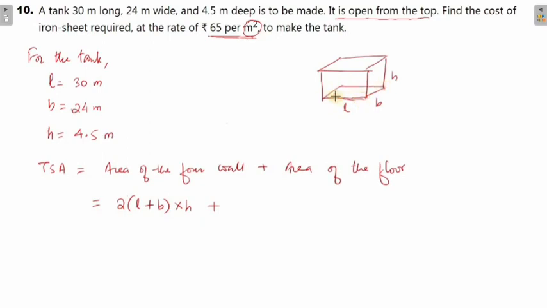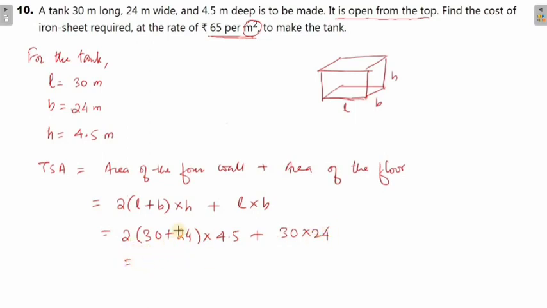So what will be the area of this floor? It will be L into B, isn't it? So now let's put in the values. 2 into L is 30 plus B is 24 into H is 4.5 plus L is 30 into B is again 24, right? So let's quickly calculate this.